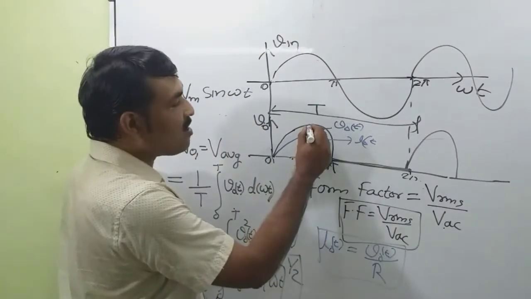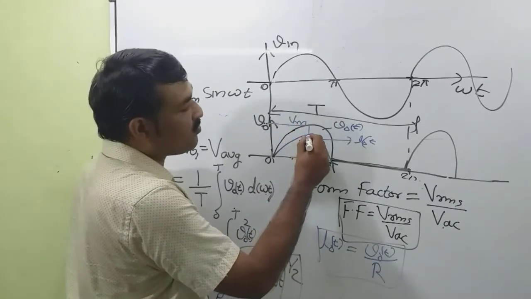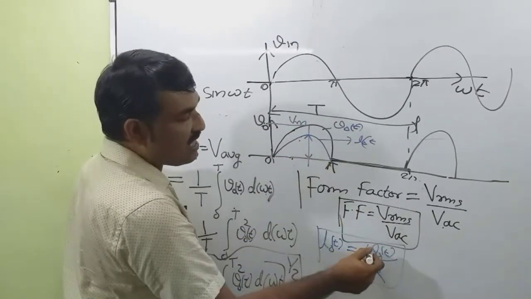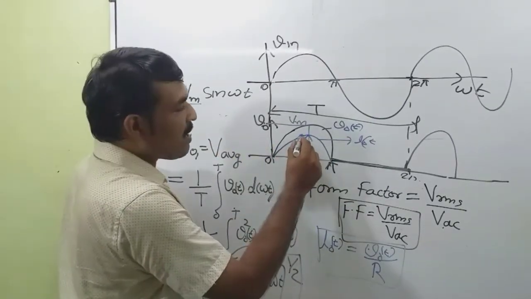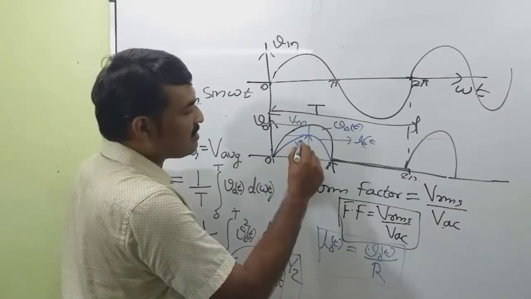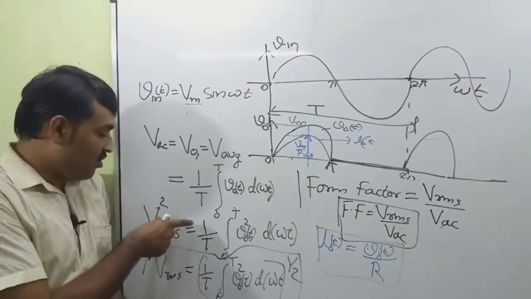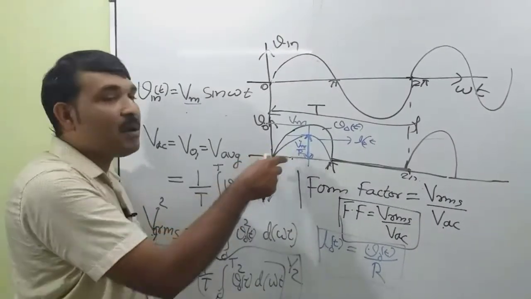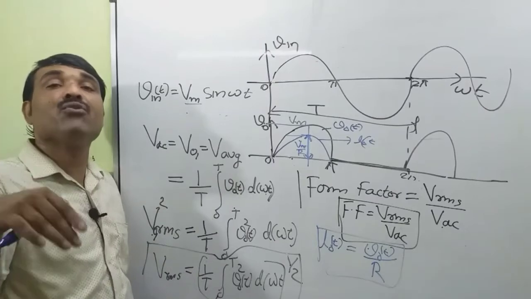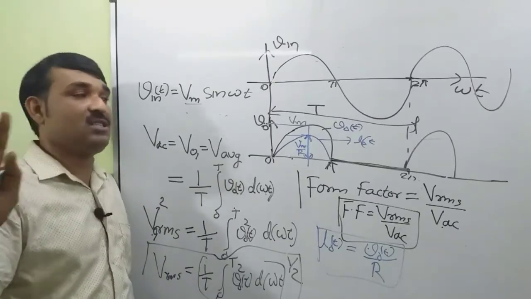So the maximum value of output voltage here is Vm. So for output current, the maximum value is Vm divided by R. If we find the average value of voltage or RMS value of the voltage, then just divide by R, and we will get the expression for current, either the average value of current or RMS value of current.